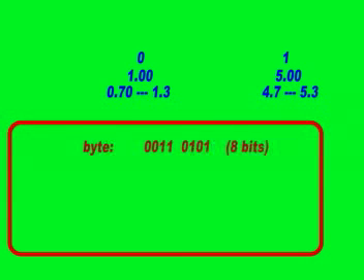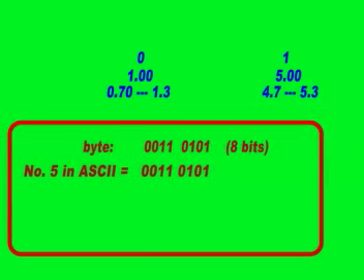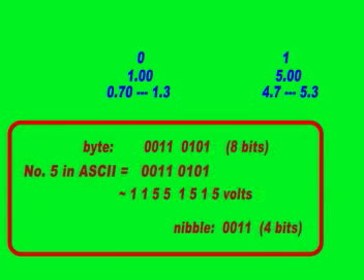For instance, number 5 in ASCII code is 00110101, and their voltages would be originally 1, 1, 5, 5, 1, 5, 1, 5 volts respectively. You may find it useful to think in terms of 2 groups of 4 bits for each byte. These are called nibbles.